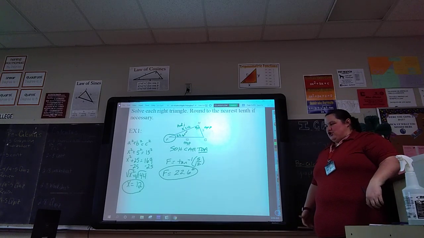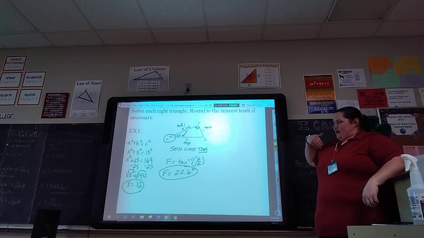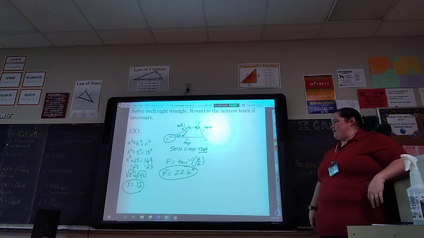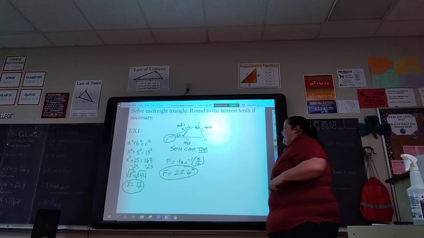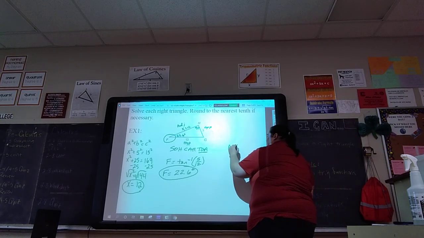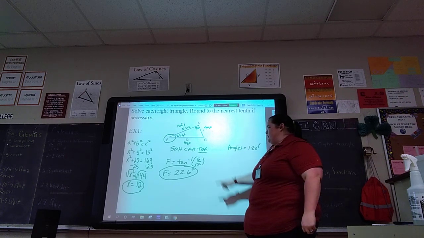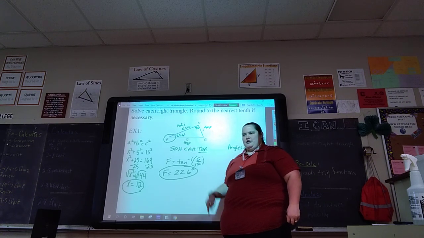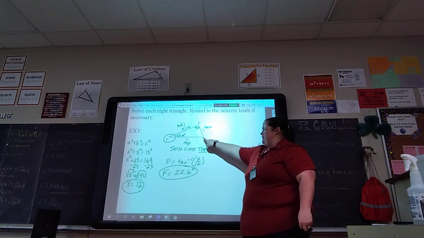So the only thing left is G. Now, you could go ahead and do the SOHCAHTOA again for G, just to label the triangle, or what I tend to use is this third rule. The angles have to add up to 180 degrees, because if I already know that this is 90 and this is 22.6, I can just use a little bit of subtraction to find this remaining angle.